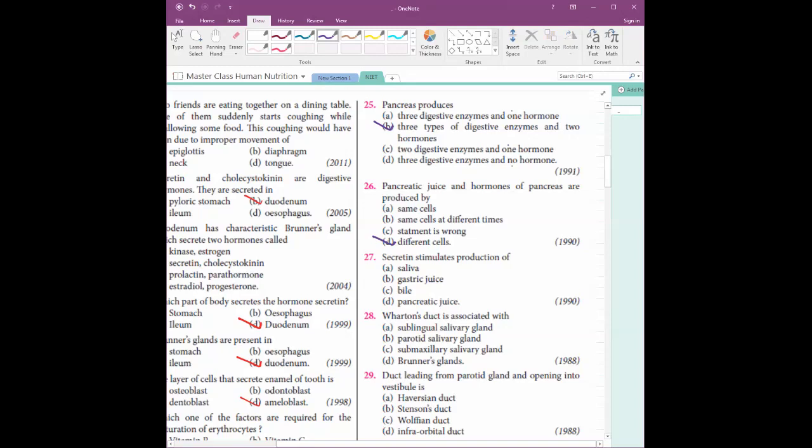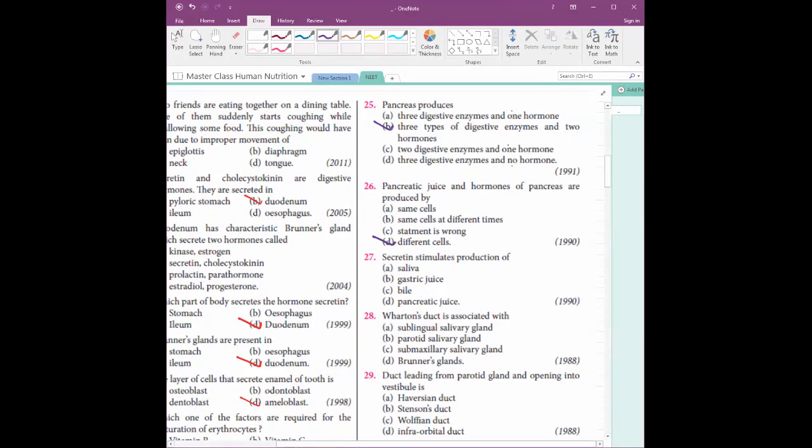The pancreatic juice is going to be produced by your acini, that is your pancreatic lobules that we said, the flask-shaped cells, if you remember. Whereas your hormones are going to be produced by the islets of Langerhans.